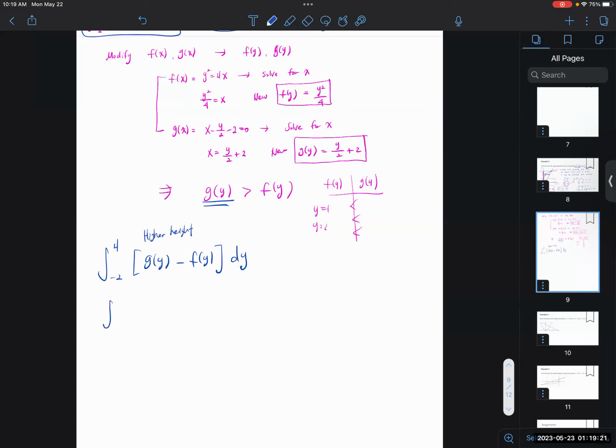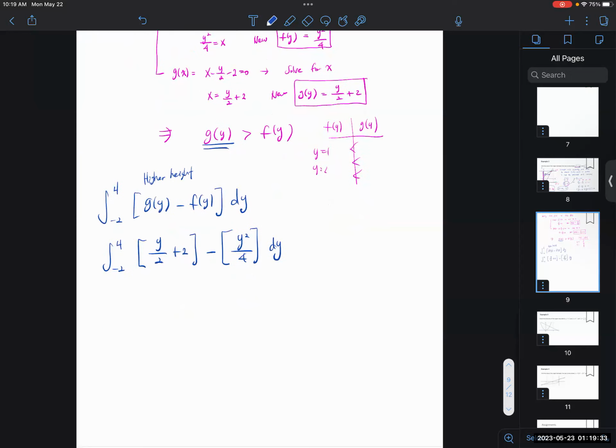So from -2 to 4, g is y over 2 plus 2, minus f, which is y squared over 4, dy. I'm going to separate each one. So that means the integral from -2 to 4 of y over 2 dy plus the integral from -2 to 4 of 2 dy minus the integral from -2 to 4 of y squared over 4 dy.